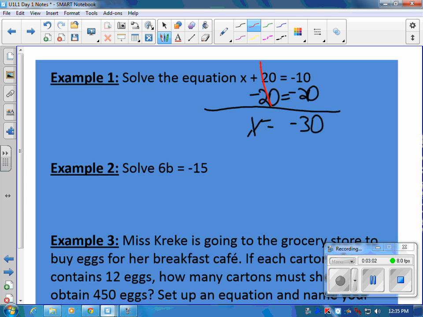Substitution. So to check our answers, we substitute the answer back into the problem. So I take negative 30 plus 20, and I have to see, does that equal negative 10? It does, in fact, equal negative 10, so my answer is correct.